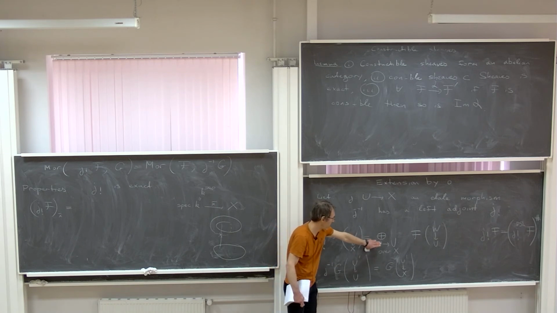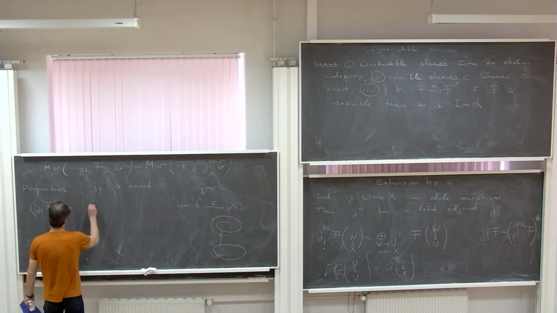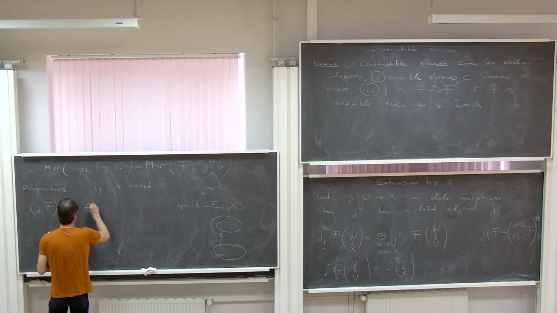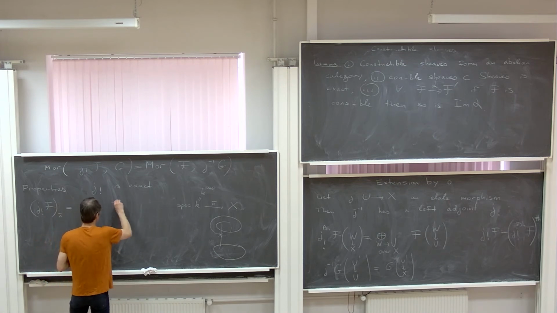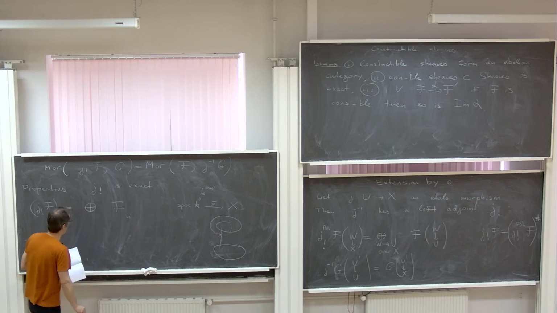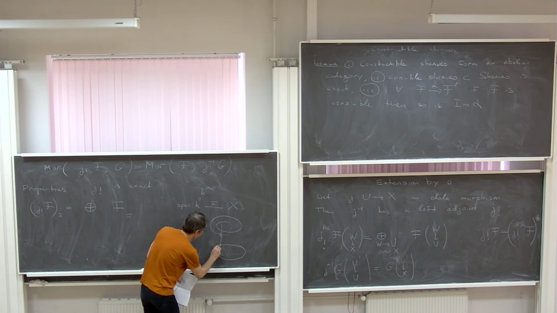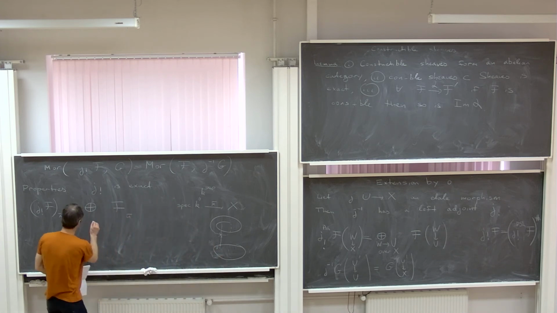So you just look at this formula here, and I claim that what you'll get is the following. It's going to be the direct sum of stalks over all points living over my x. So this is the limit over the diagram.